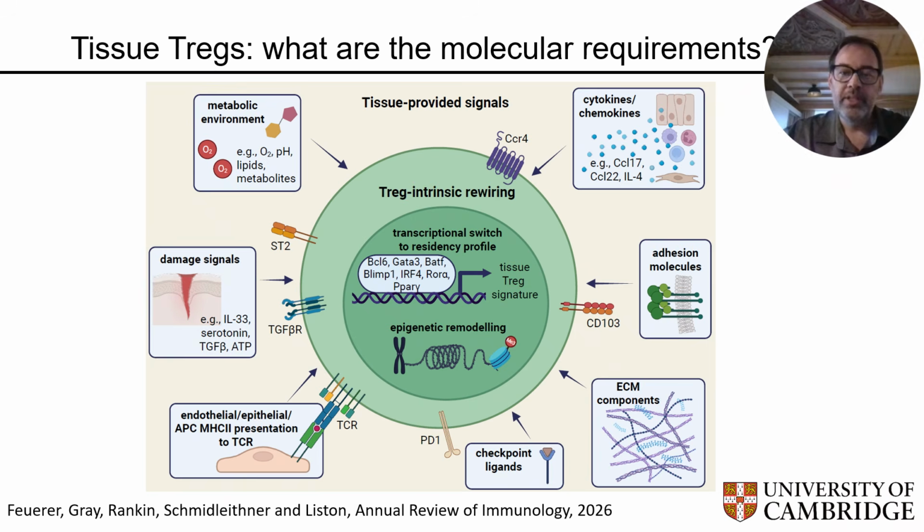Now, we're quite interested in knowing what the molecular requirements are for a regulatory T cell to get into the tissues, and once they're in the tissues, to adapt to that tissue lifestyle. And there are multiple studies coming out by different groups now that are taking a candidate-based approach and identifying whether or not that candidate transcription factor or that candidate chemokine receptor is able to change the ability of the regulatory T cell to get into the tissue.